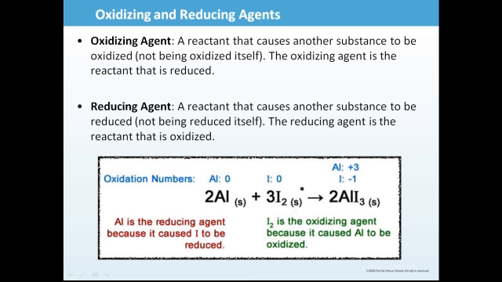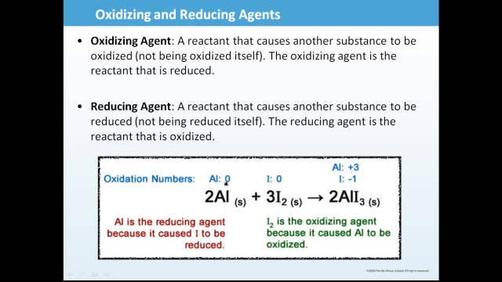So if you look down at the bottom example here, I have aluminum reacting with iodine to give us aluminum iodide. In the neutral set here, aluminum has an oxidation state of 0. Iodine in the neutral set also has an oxidation state of 0. In the compound, aluminum was plus 3, iodine's minus 1.